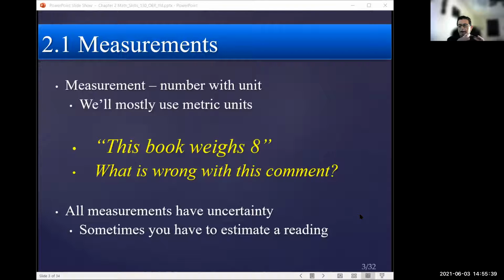And a lot of times you have to estimate that last digit. Because there's a degree of uncertainty, we have to deal with what are called significant figures. Now, let me restate that. All measurements, keyword measurements. If you measure the mass, the length, the volume, which are basically the 3 measurements we'll be doing, there's always going to be a degree of uncertainty.